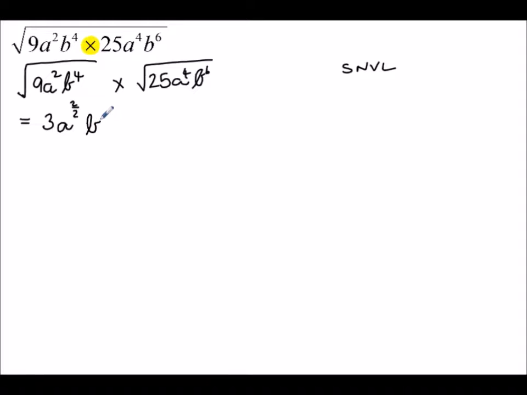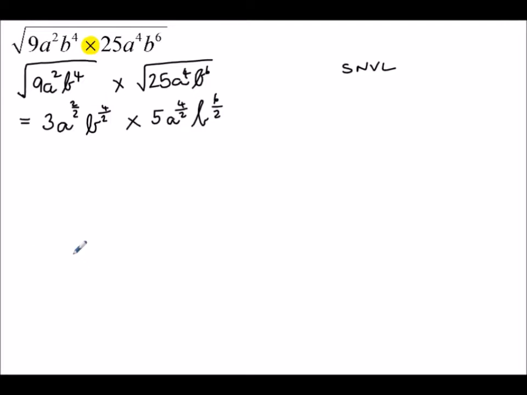I'm going to say b, 4 divided by 2, square root. Then I'm going to multiply that by the square root of 25, which is 5. I write down my base, a, 4 divided by 2, 2 for square root, b to the 6 divided by 2.